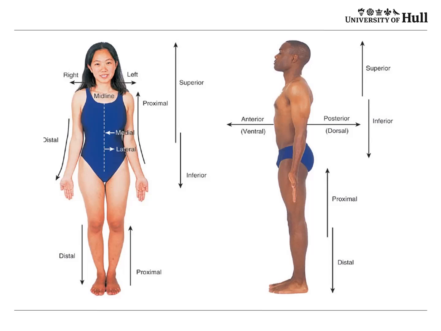The body is described down the middle by a medial line, and anything that's to the side of that is described as being lateral to that midline. You can see all of these directions demonstrated on the person on the left. The person on the right also demonstrates anterior and posterior directions. Anterior refers to anything that's in front and posterior to anything that's behind.